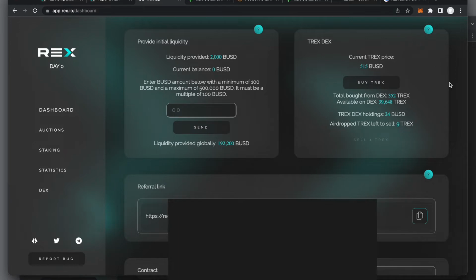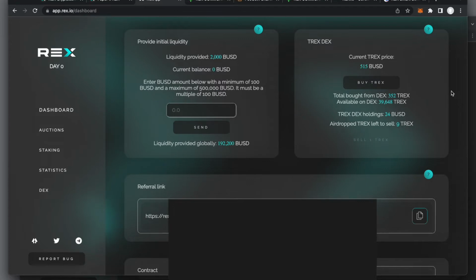And so those users who were part of REX Classic, who owned TREX at the time of the snapshot, have been airdropped 10 new TREX for every TREX that they held, which is an extremely generous airdrop. And also any user, new or old, has an opportunity to buy new TREX on the TREX DEX.